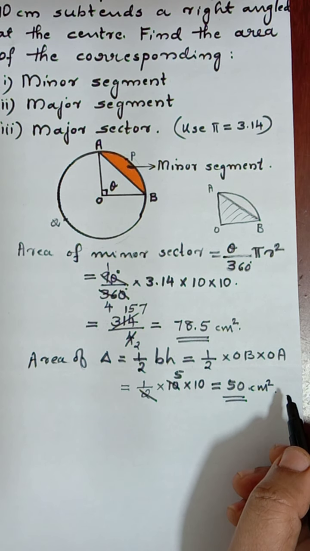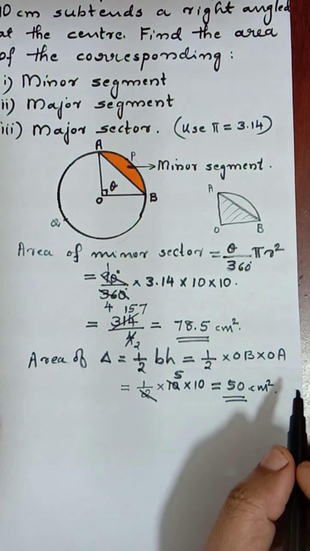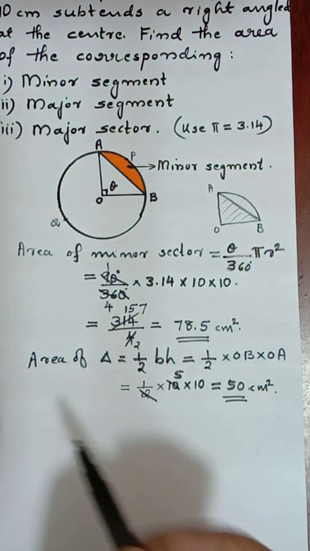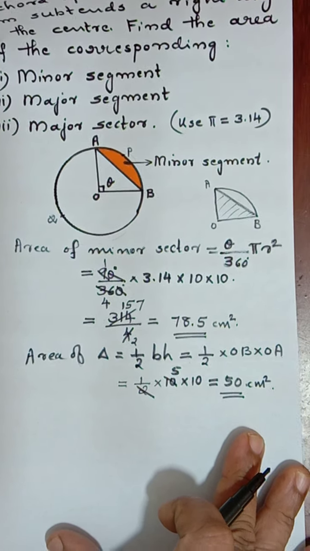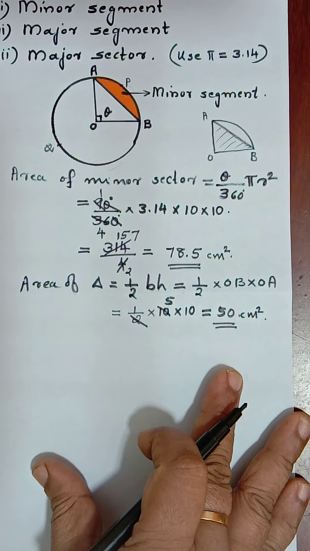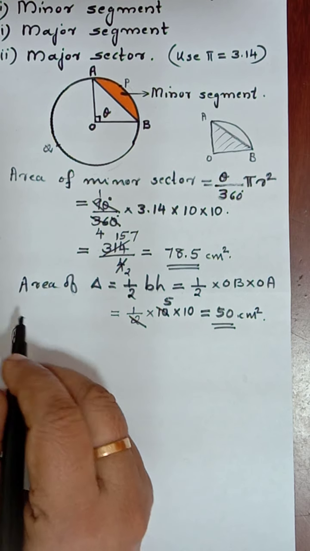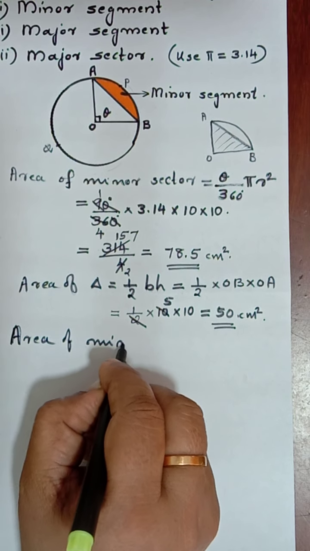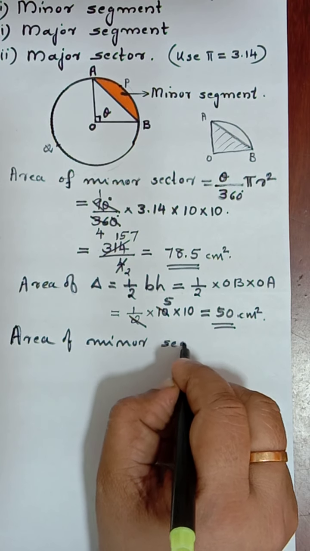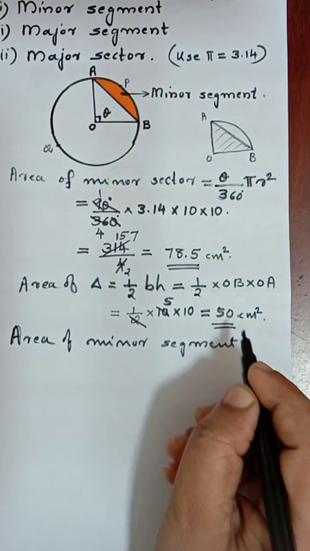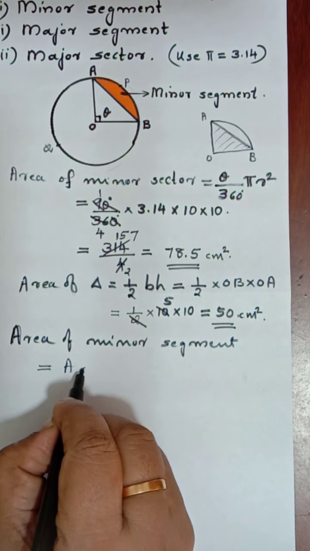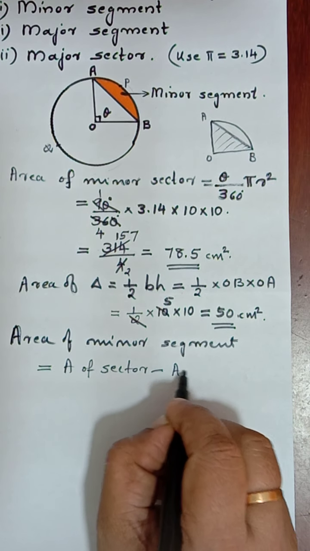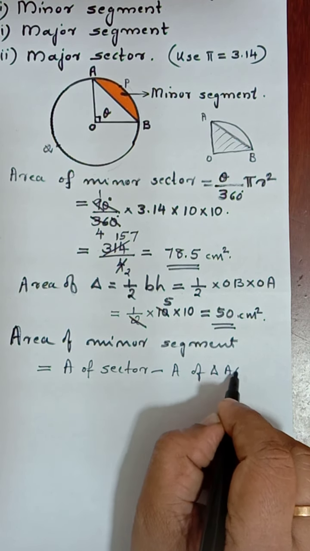Now we have to come back to the minor segment. What is the minor segment? As I told you, area of the sector minus area of the triangle. That is how we have to write. Area of minor segment is equal to area of sector minus area of triangle AOB.